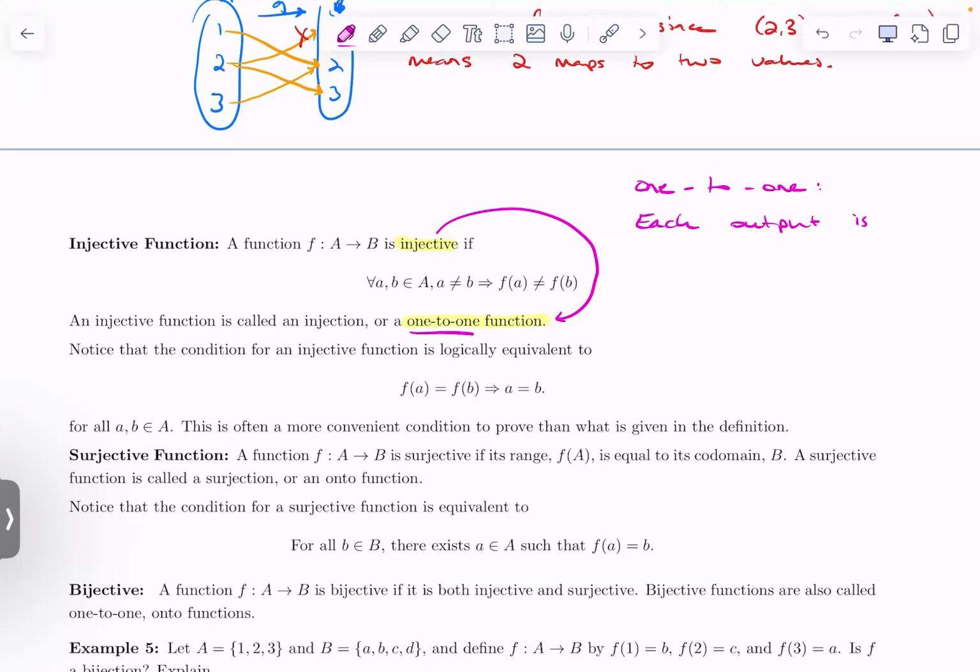And just notice that we're talking about the output now. Has to be a function. It's a special case of the function.